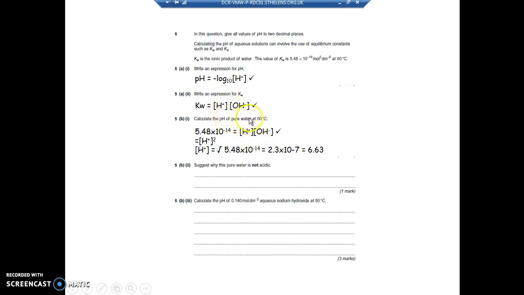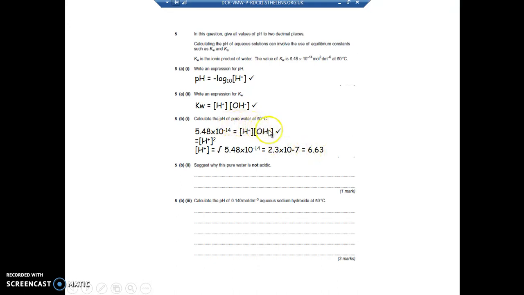If you add something else, obviously these can change. So if you add some acid or some base, it can change. But in pure water, H2O breaks up into H plus and OH minus ions, so they're going to be the same. So that equals H plus squared. So if you square root 5.48 times 10 to the minus 14, it comes out as 2.3 times 10 to the minus 7.